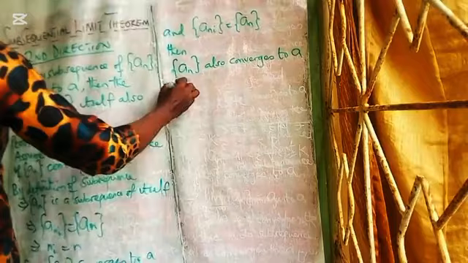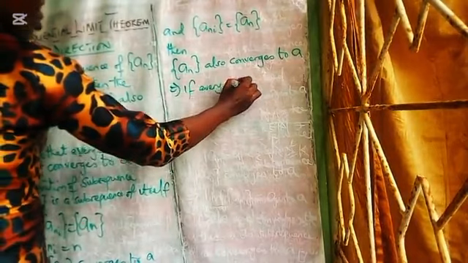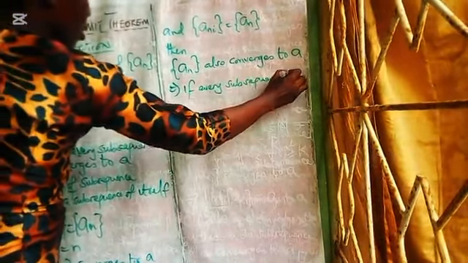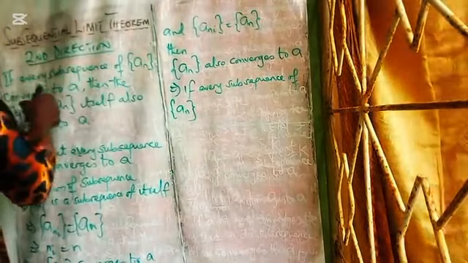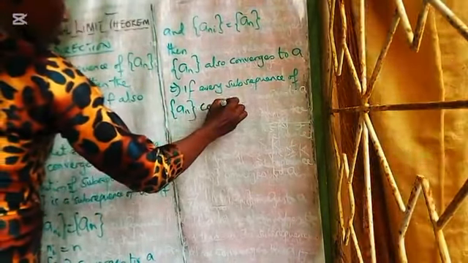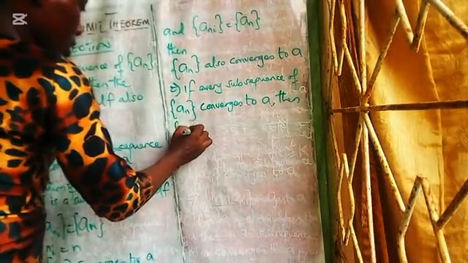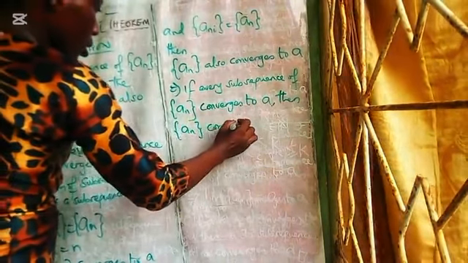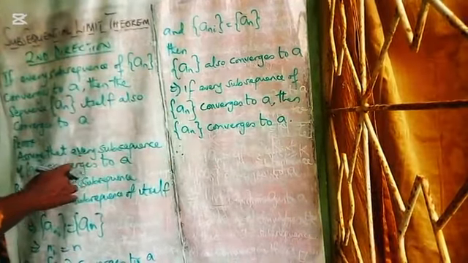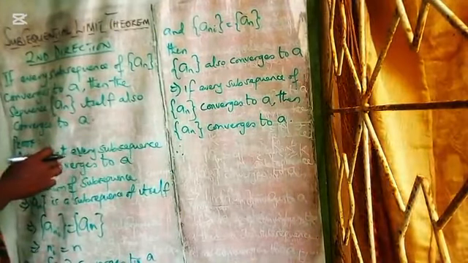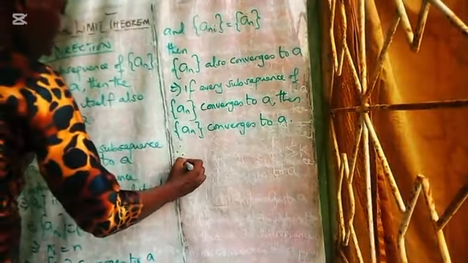And that implies that if every subsequence of A sub n converges to A, then A sub n converges to A. Therefore, we have proved the two directions of the subsequential limit theorem, which says that what?